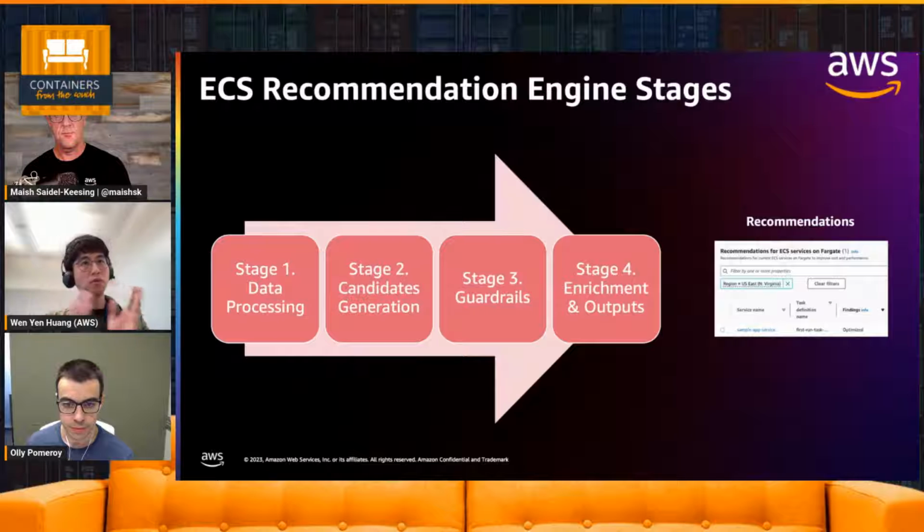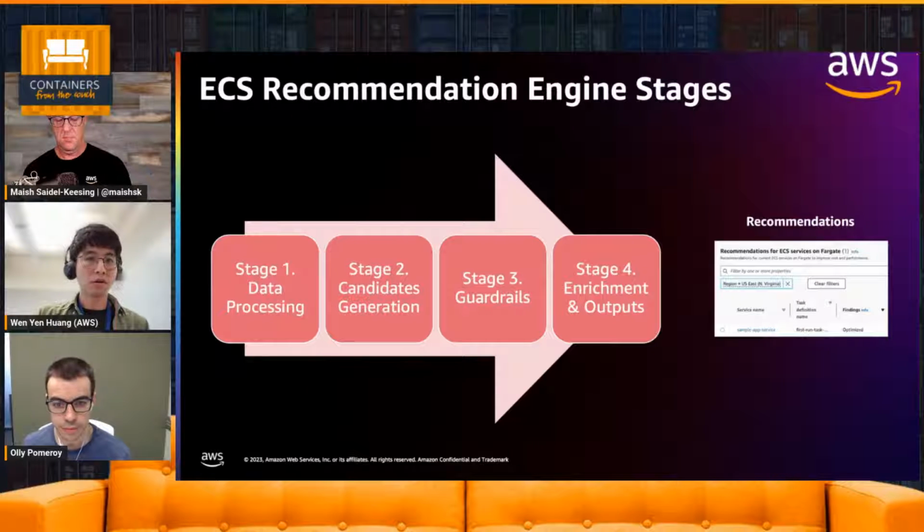Then we eliminate those candidates and move on to the enrichment engine, which provides savings calculations, saving opportunities, and all the extra information in your recommendations. We rank all the options and only surface the top recommendation that has the most cost-effective combination for ECS recommendations on Fargate.